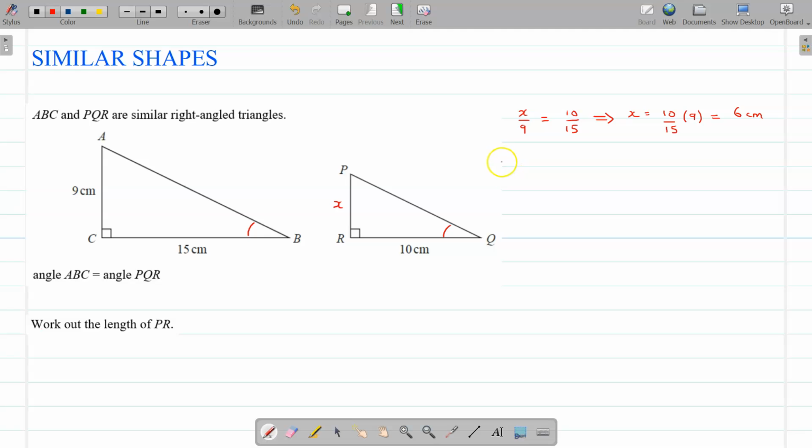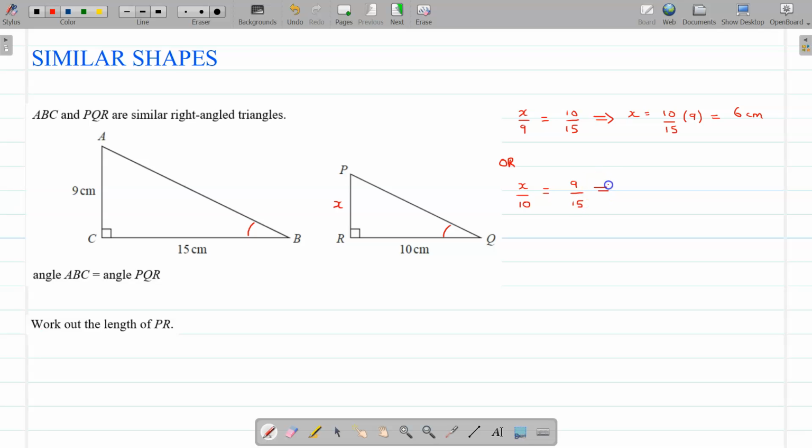There's another way we could do it. I'll just show you this as well. So instead of starting by comparing the x with the 9 over there, I could compare the x with the 10. In other words, its height with its own base. So I would have x over 10, and I would say that that is the same as 9 over 15, doing the same on the other triangle.